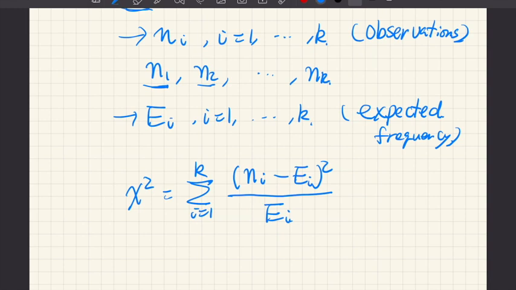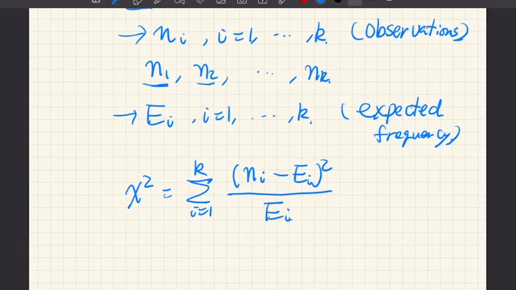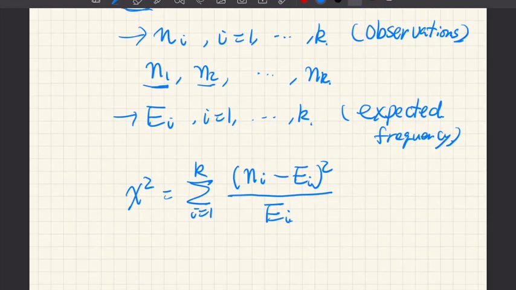We can show that the chi-square statistic thus defined follows approximately the chi-square distribution. With how many degrees of freedom?